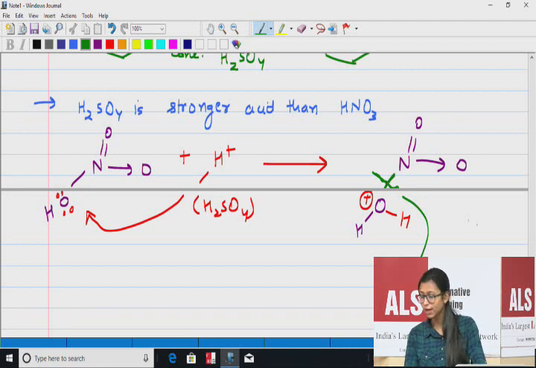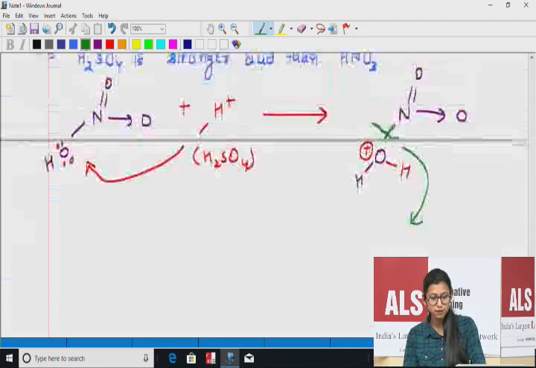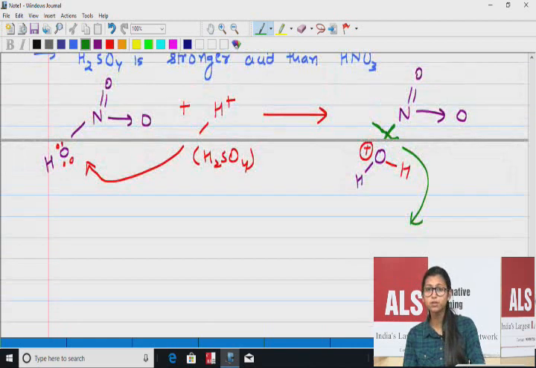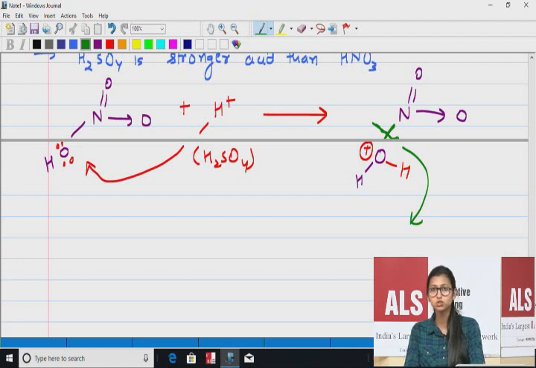Okay. If I am breaking this bond, everyone, can you tell me which charge will be there on the nitrogen? You are breaking the oxygen-nitrogen bond. Tell me which charge will be present over the nitrogen. Tell me, I'm waiting. Positive charge, obviously.